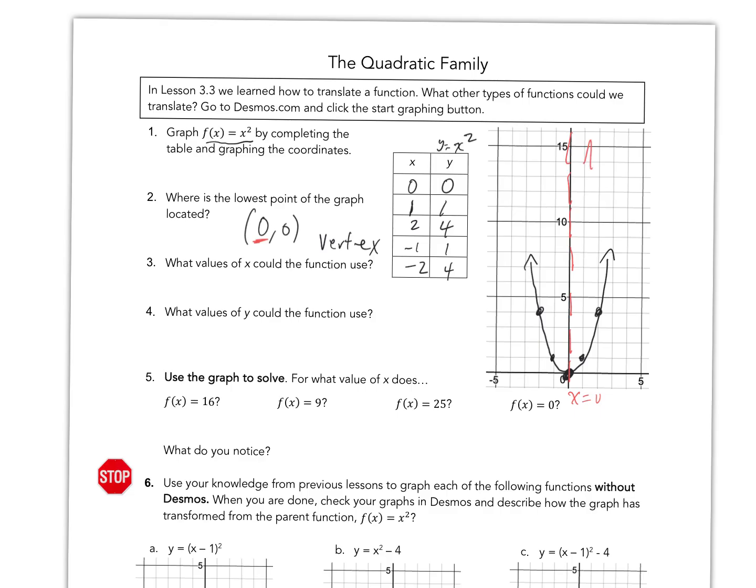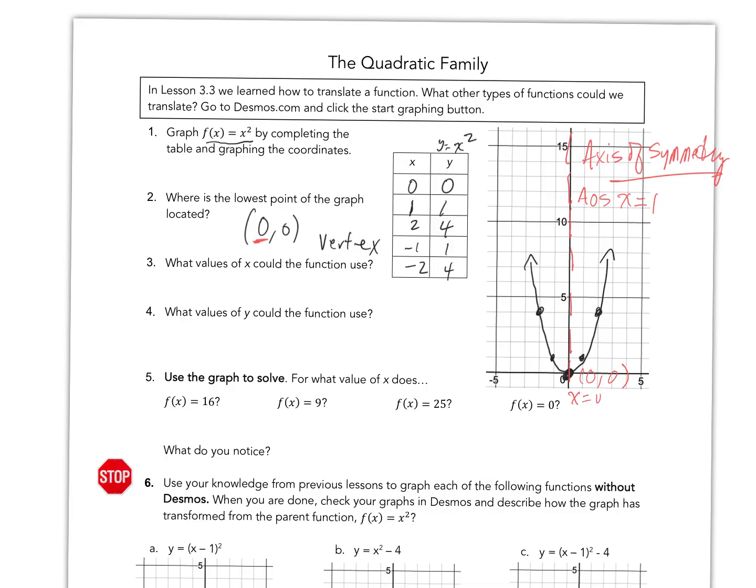So this is called the axis of symmetry. We usually label the axis of symmetry like so, and we'll label the vertex like that.